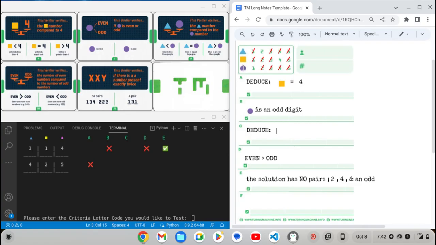And so, again, I do believe the answer should be 2, 4, 1. Just waiting for the computer to catch up a bit here.